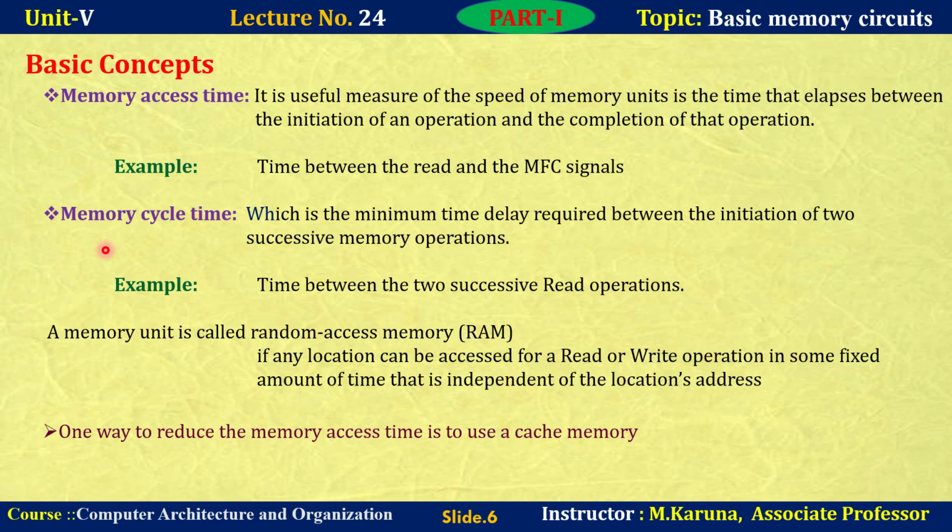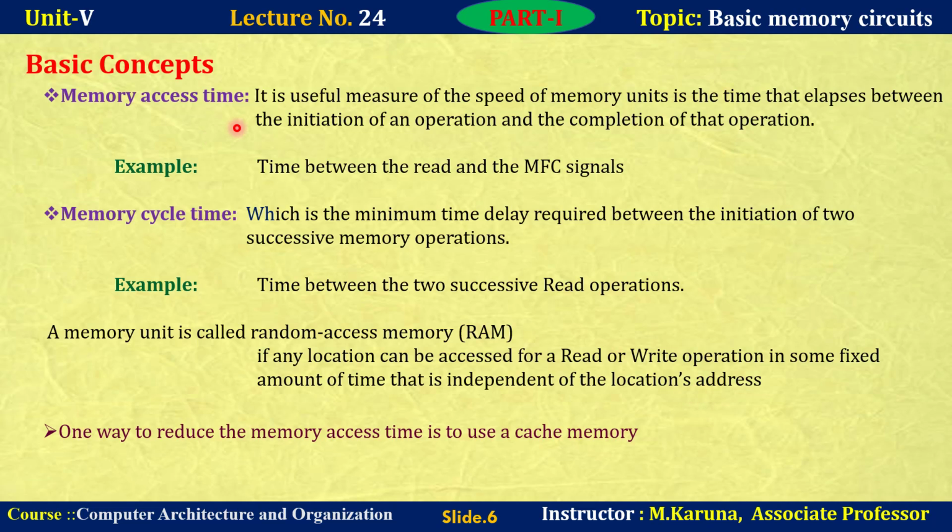Memory cycle time is the minimum time delay required between the initiation of two successive memory operations, for example, the time between two successive read operations. A memory unit is called random access memory if any location can be accessed for a read or write operation in some fixed amount of time that is independent of the location's address.